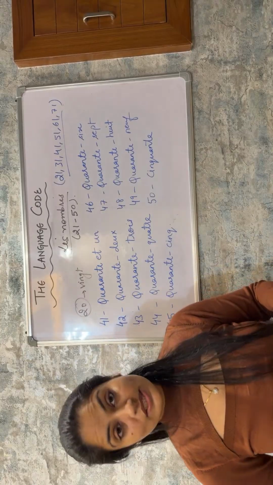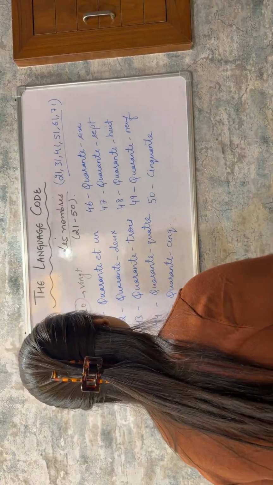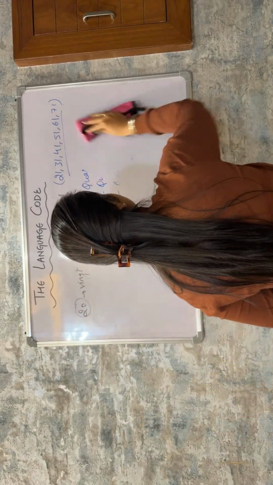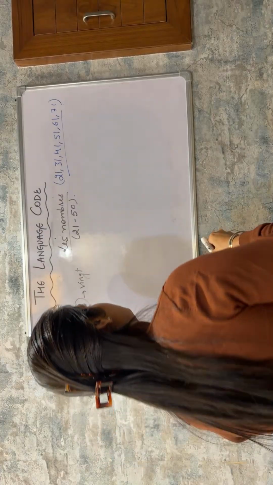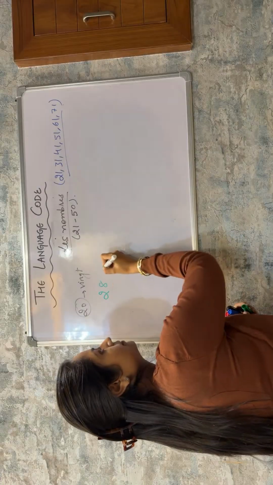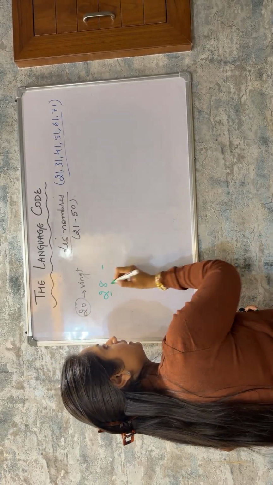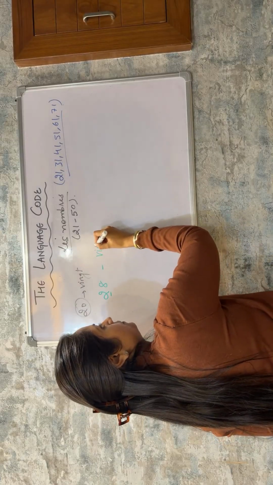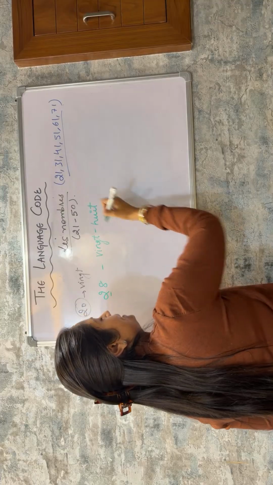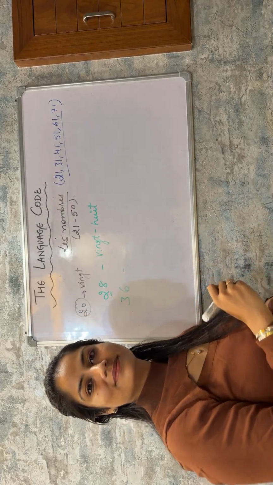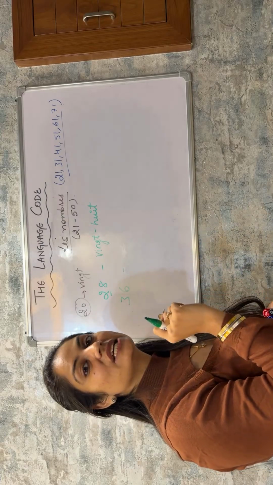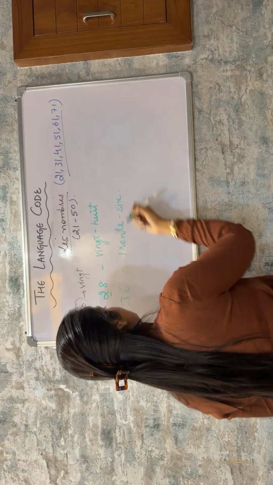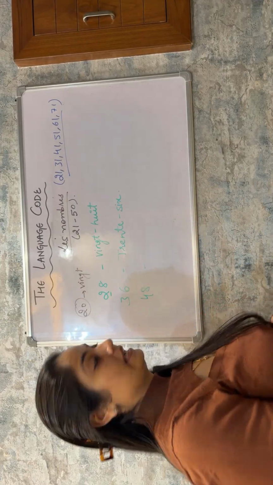Alright, so let's revise whatever we've written or learned till yet. I'll write the number and give you some time and you have to guess. 28: vingt is 20 and huit is 8. 30 is trente. 40, quarante.